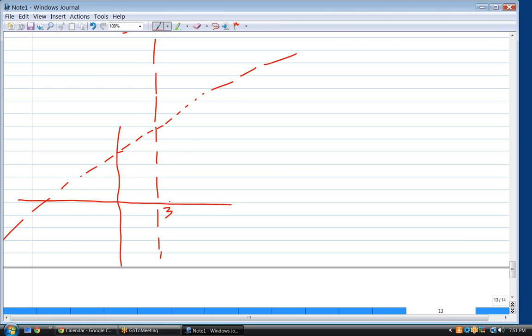In other words, like this. You see the difference? Okay, so let's figure out which one. All I have to do is plug in a number greater than 3 and figure out whether I'm up there or down there.